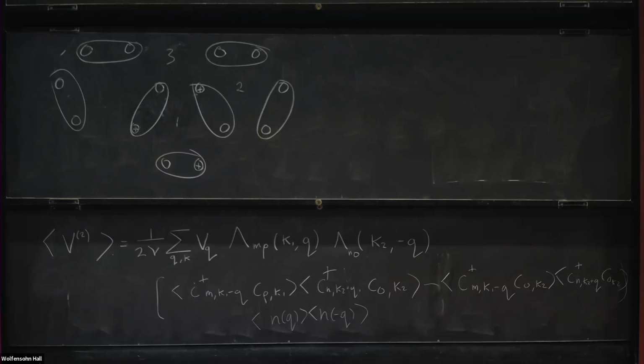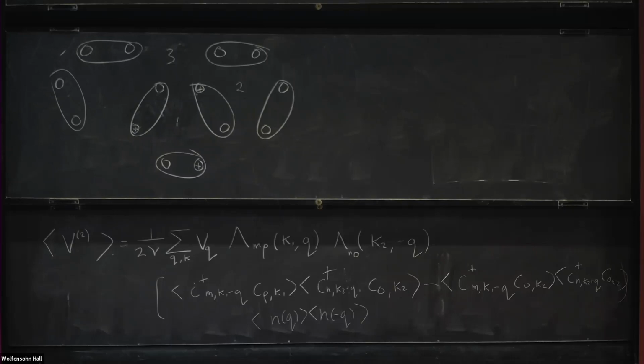So that I know the general form of the projector must conserve lattice momentum. So I have C dagger M, K minus Q, Cn, K prime. Maybe I can just write it like this.